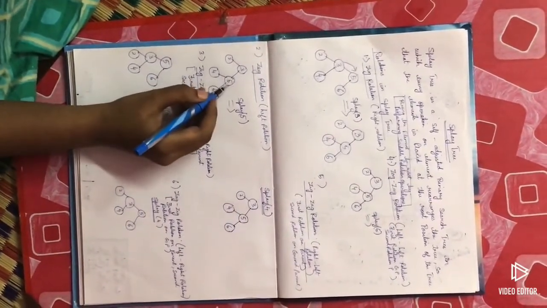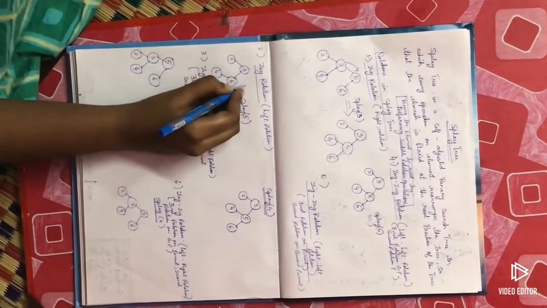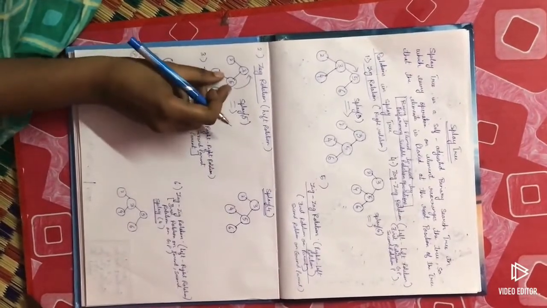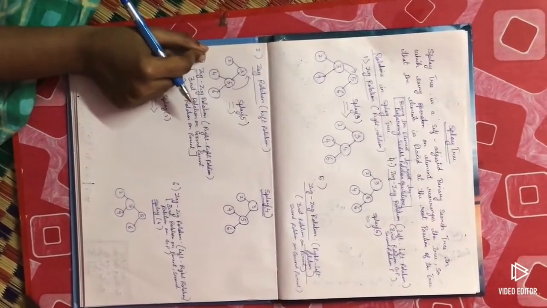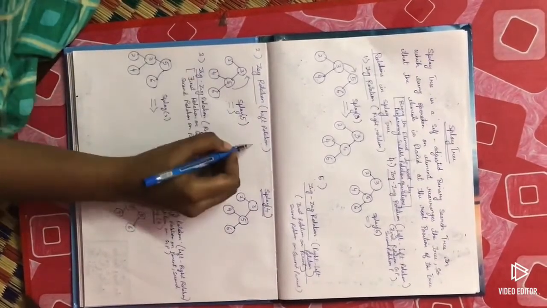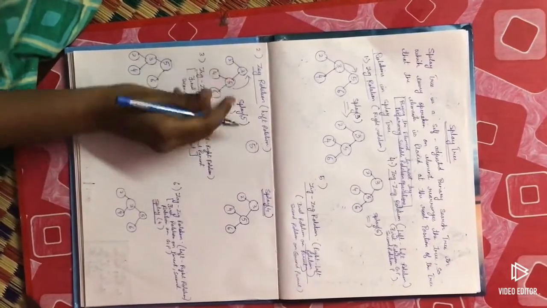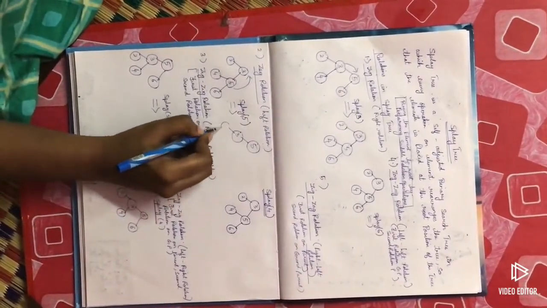So now I am rotating 5 to the root, following left rotation. If I rotate this 5 to the root, what will happen? 3 and 2 will be pulled down. So now I will write here 5 and we will complete this. We will pull this down, 3 and 2.